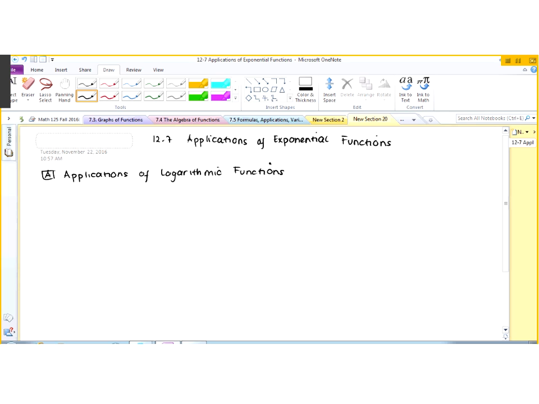Okay, so let's talk about the power of hydrogen, pH. This is power of hydrogen. Does anybody know what pH does? What is pH?